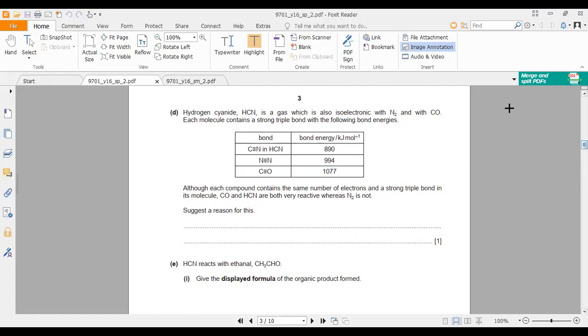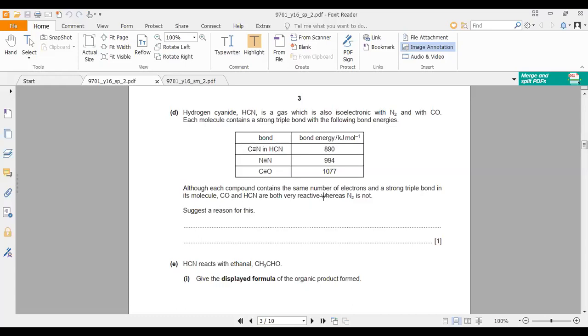Now you see that all these three compounds, C triple bond N in hydrogen cyanide, nitrogen triple bond, or carbon oxygen triple bond, all these three types of bonds are triple bonds, right?